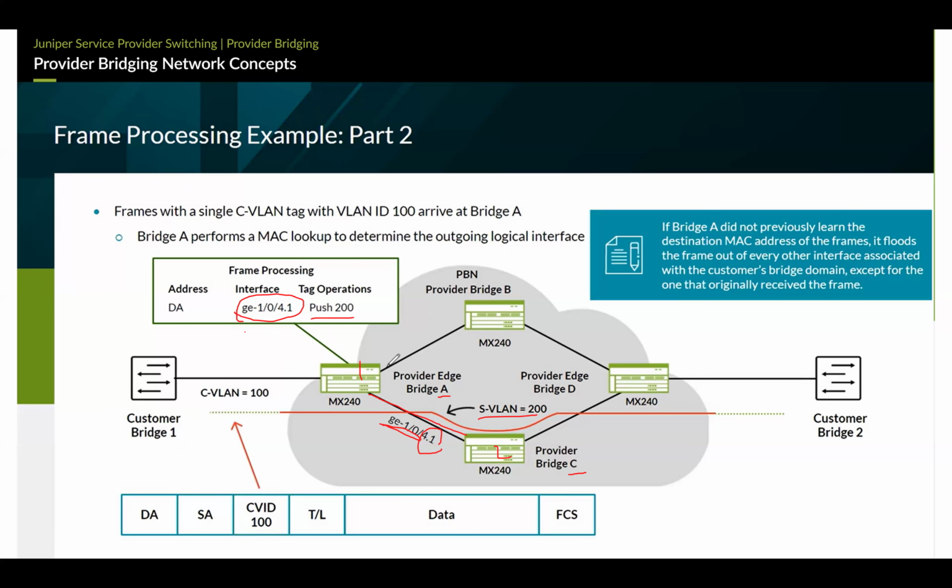And this service provider bridge network knows the VLAN ID 200, and getting this at MX240, that means provider bridge D, they are taking the C VLAN tag and S VLAN tag, and again they are making the reverse process.